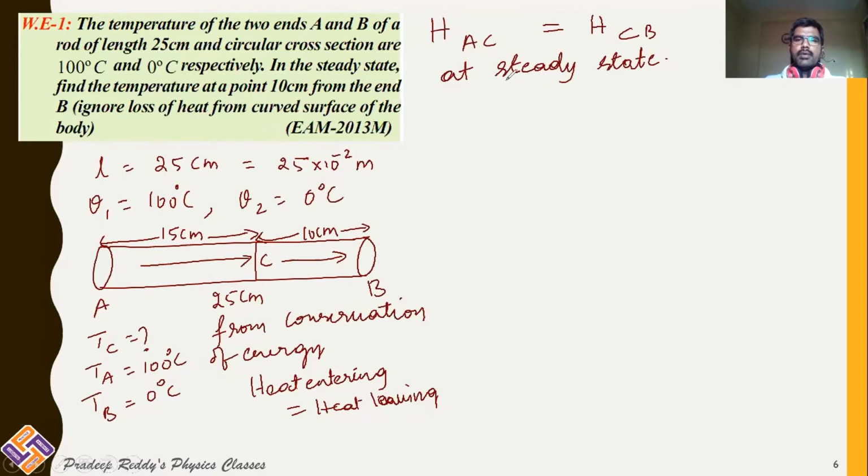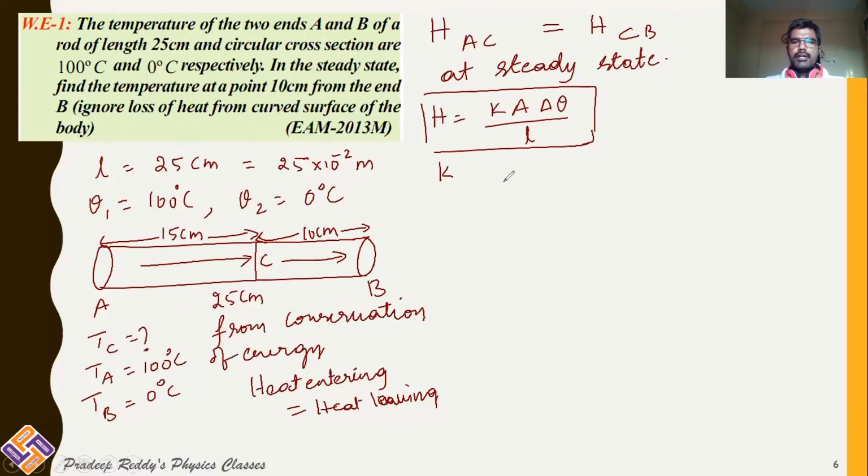Now we already have the equation for heat. H is equal to K A delta theta divided by L, right? This is the equation which we need to use here. Now HAC is equal to thermal conductivity of the material, area of cross section, delta theta, that is 100 minus temperature at C, I am considering it as Tc, divided by the length of the material, 15 centimeter.